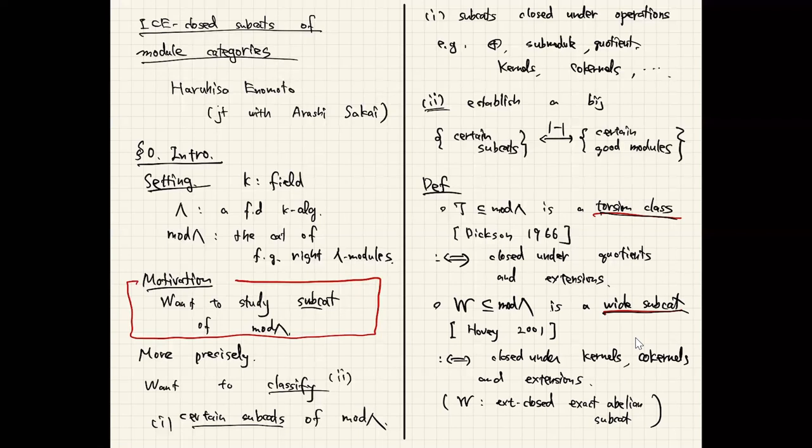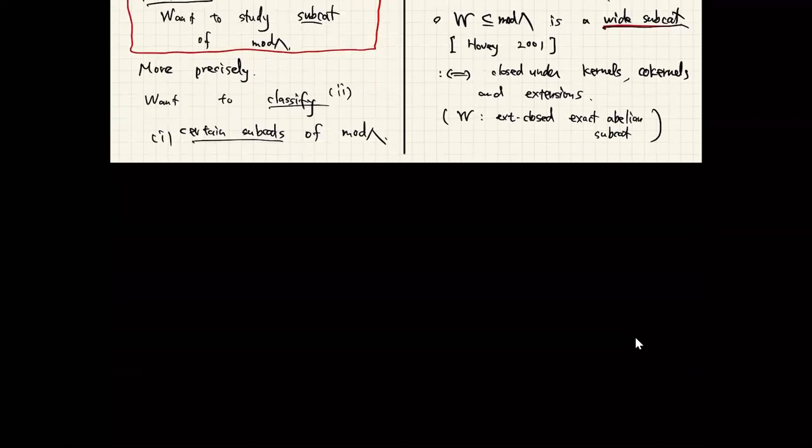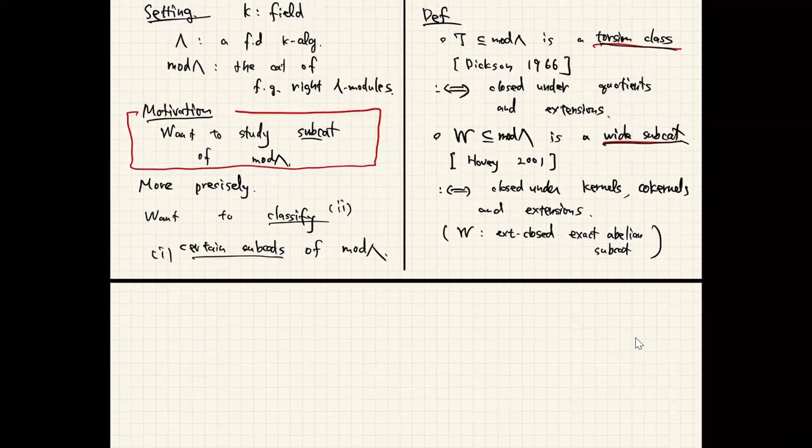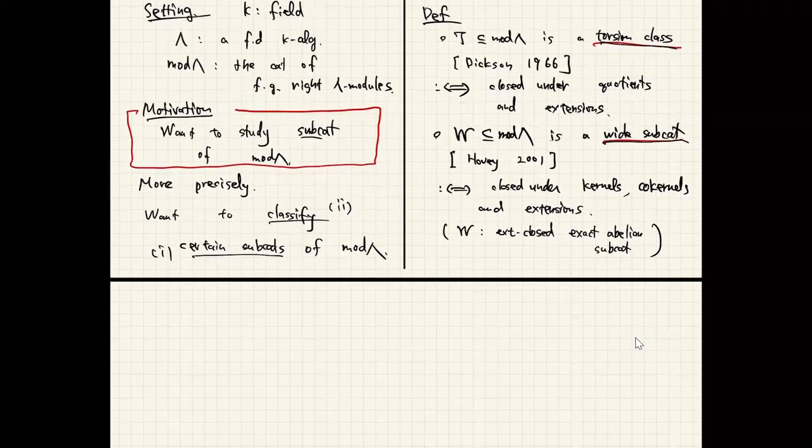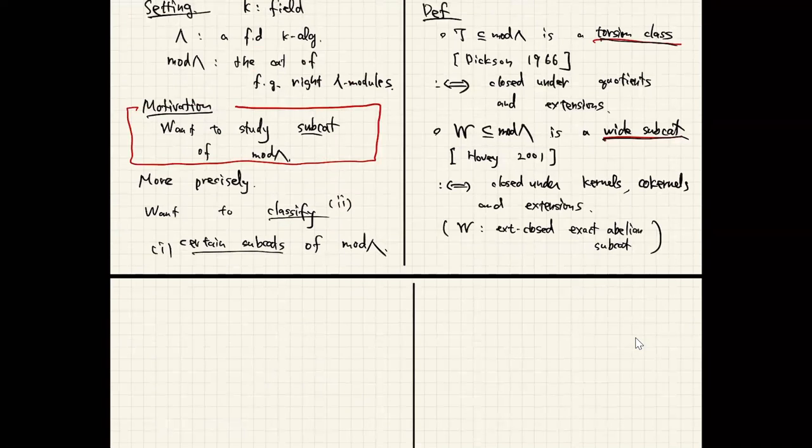Today's topic is ICE-closed subcategories, and this contains both torsion classes and wide subcategories. So I will give a definition of ICE-closed subcategories.